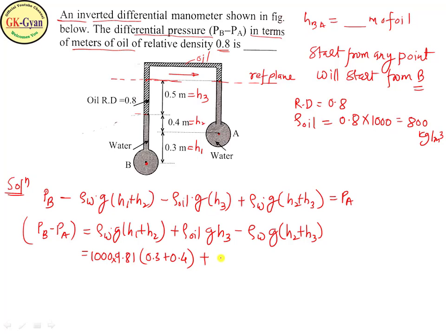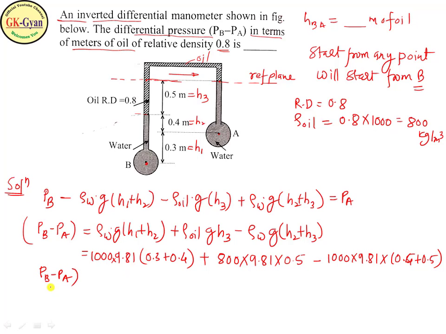So 800 into 9.81 into H3, where H3 is 0.5, plus density of water 1000 into 9.81 into H2 plus H3, that is 0.4 plus 0.5. So you calculate PB minus PA.